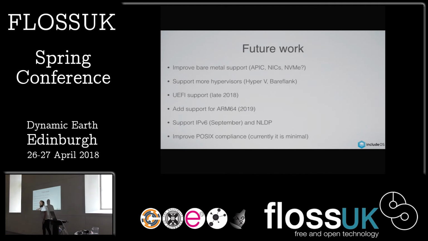And we also need to improve our POSIX compliance. For those of you who don't know, POSIX is an arbitrary collection of header files from 1982. A rather random standard which basically defines Unix. There are good things about POSIX.